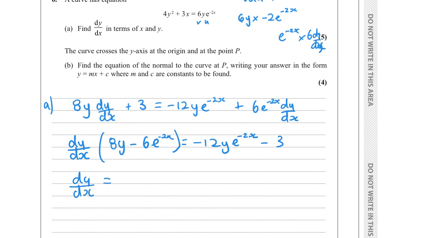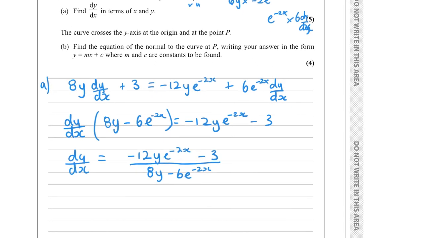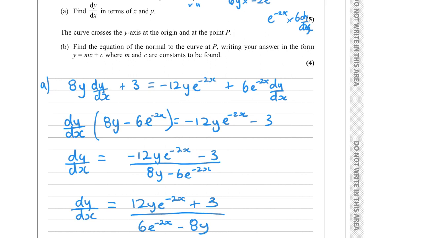So dy/dx equals −12y e^(−2x) − 3 all over 8y − 6e^(−2x). Okay. So we could multiply everything by −1, and you might have (12y e^(−2x) + 3) all over (6e^(−2x) − 8y). Okay, they're both equivalent, guys.